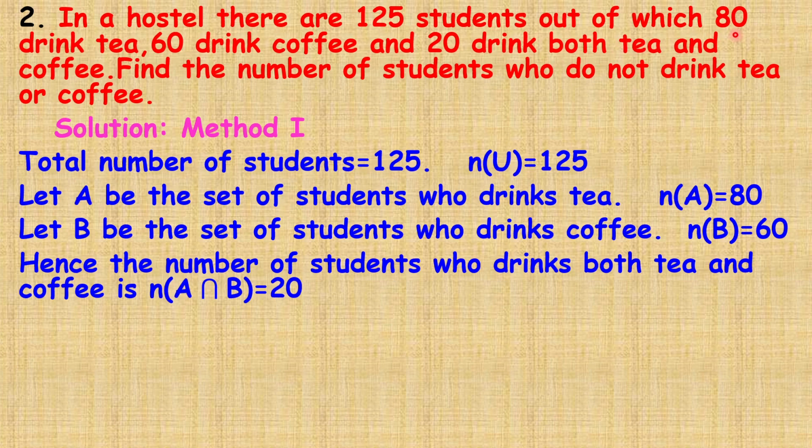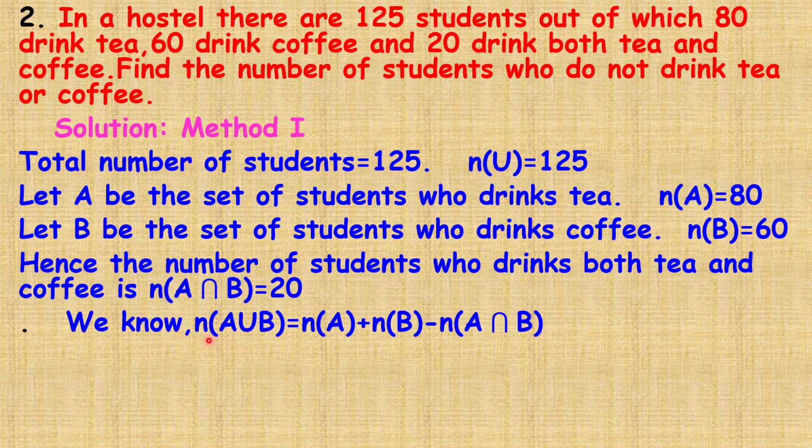Therefore, A intersection B means the students who drink both tea and coffee are 20. So the number of elements in A intersection B is equal to 20.